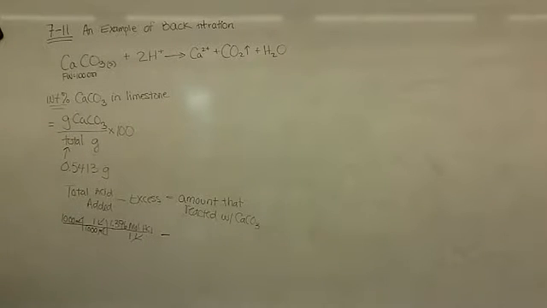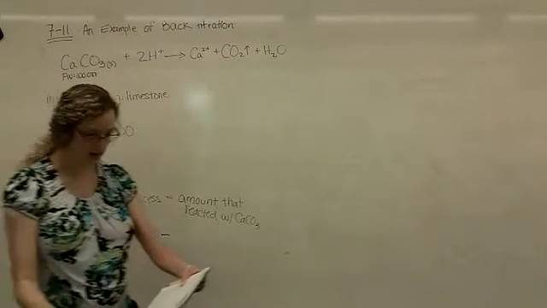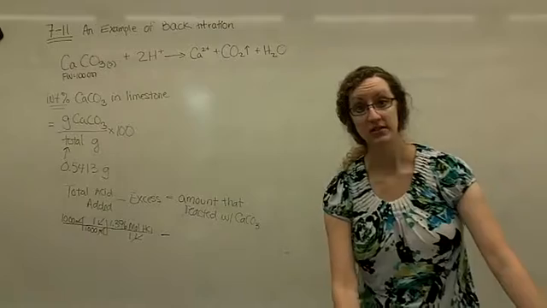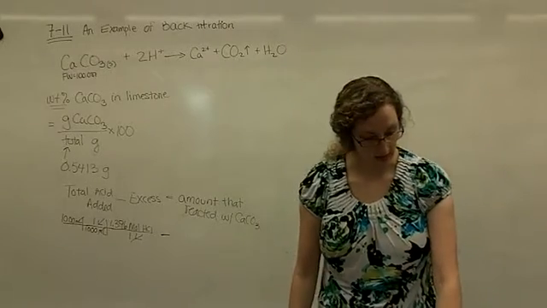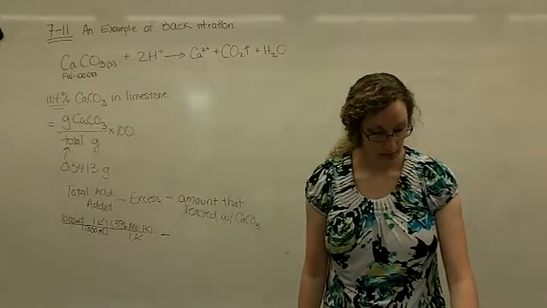Then to get the excess, we subtract the excess, which is the next part they give you. It is the excess acid that was titrated with sodium hydroxide. They give you the volume and also the concentration.